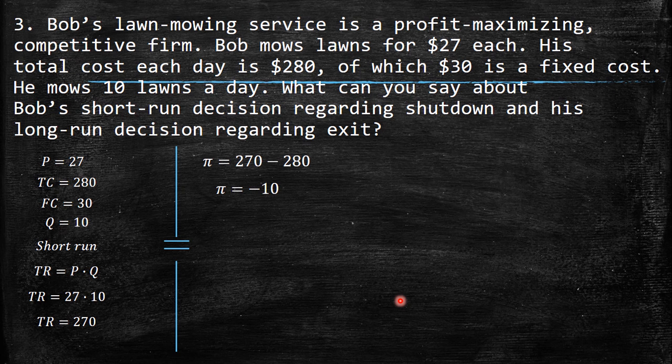But this time you're not losing these $30, you're losing just $10. So this is not a good idea. In the future, when we don't have fixed costs, this is going to be a smart idea: leave the market. So that's the point.